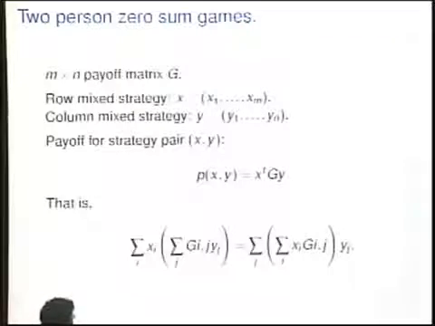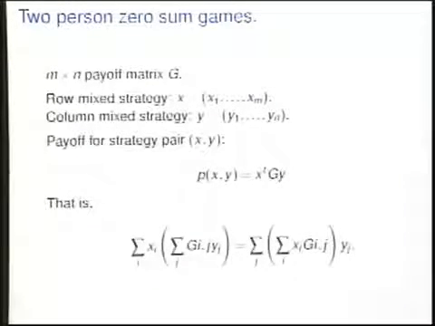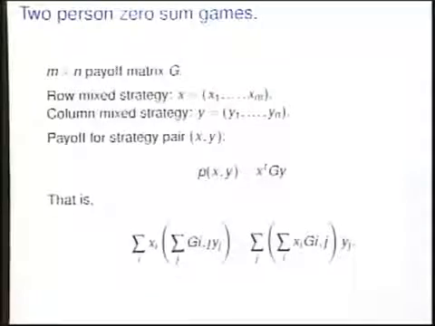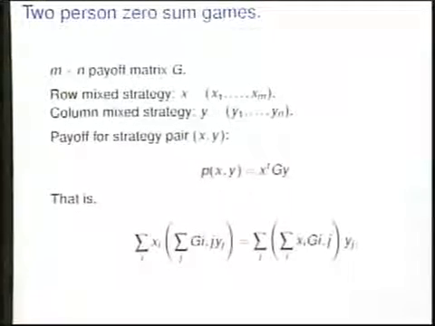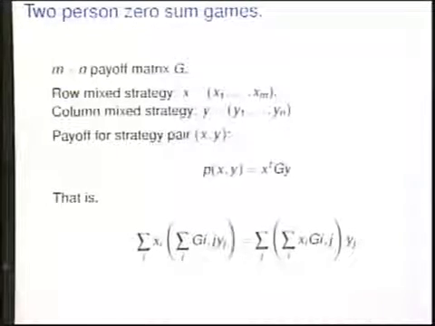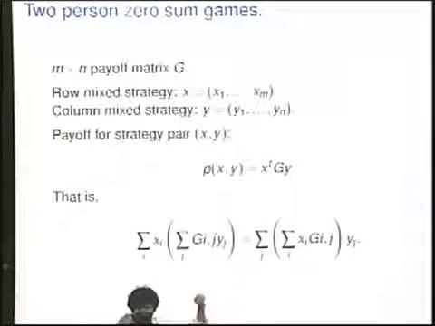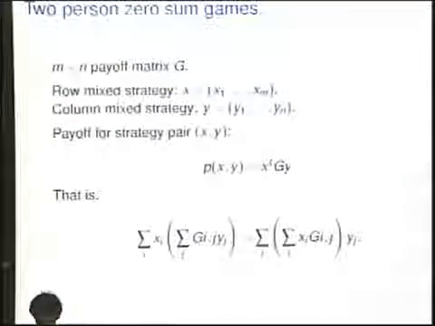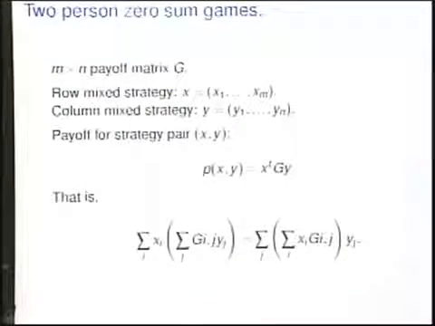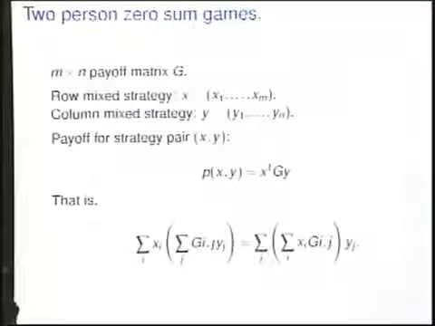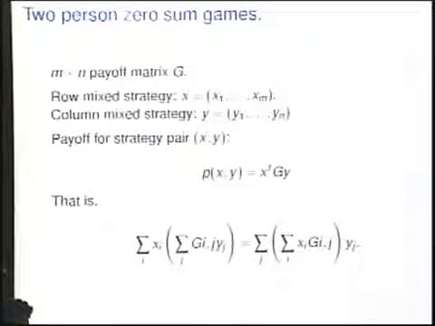It's just expected value. If I play from my distribution x and you play from your distribution y, the probability that we play ij is xi times yj. So it's xi times yj times gij. That's what this thing will give you, because we're independent. We're assuming that the mixed strategies are played independently. Otherwise, it's not fair. If I see what you play, that's not the way the games are.